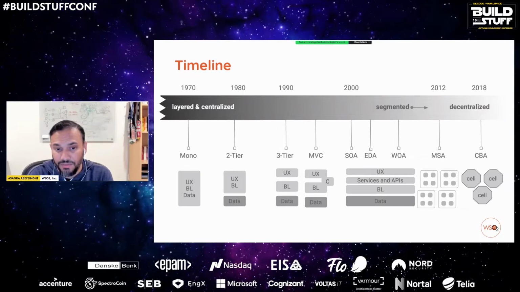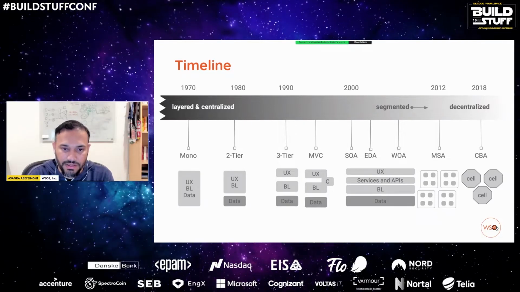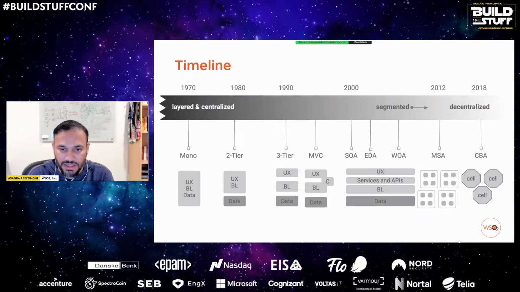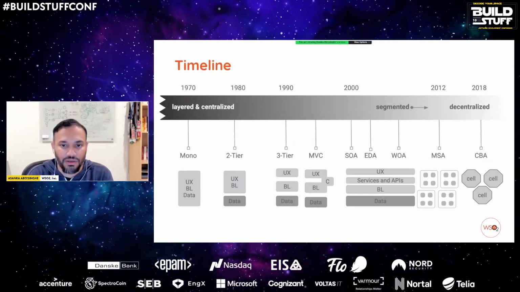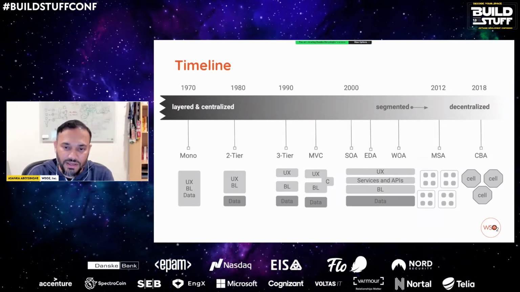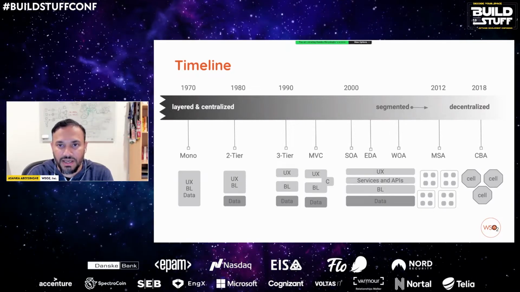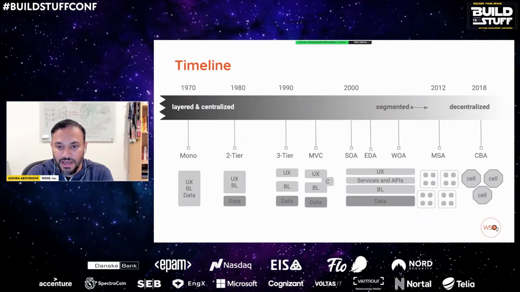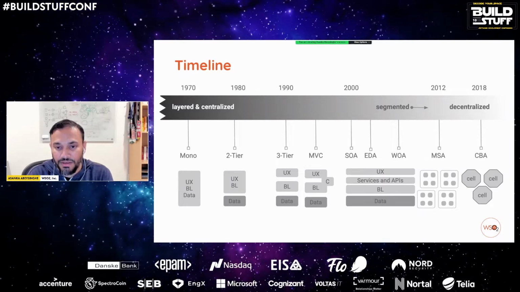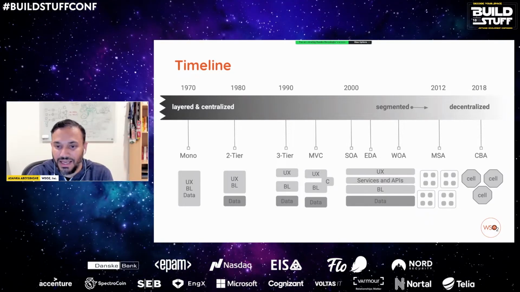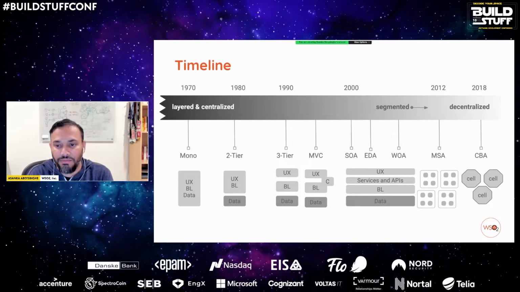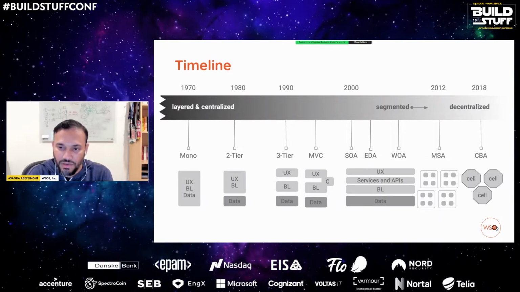And there were many sub-architecture patterns that came with three-tier architecture, like model view controller, which is a good example. Then service-oriented architecture came by wrapping the business logic inside services and APIs, and there were many sub patterns that came with that, like event-driven architecture, web-oriented architecture, and so on and so forth.